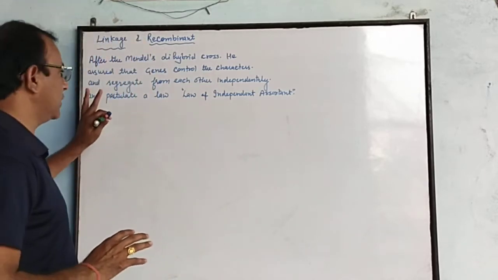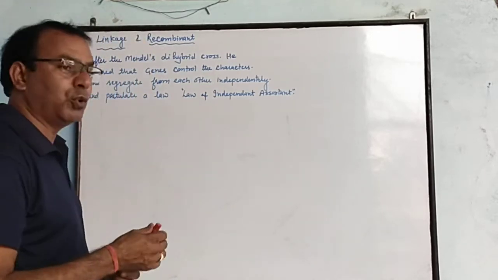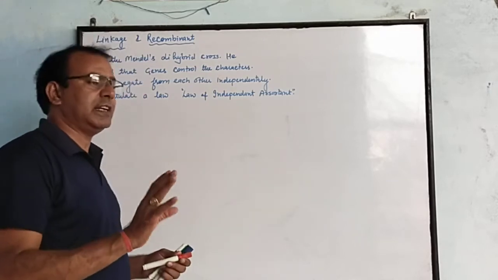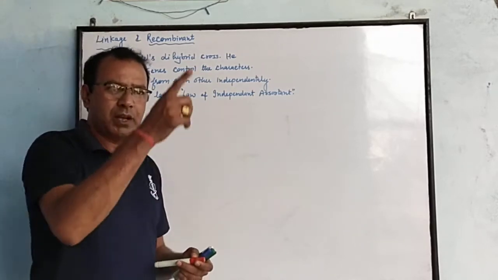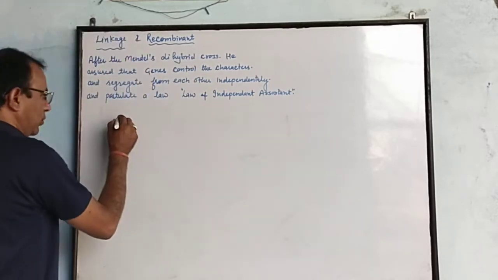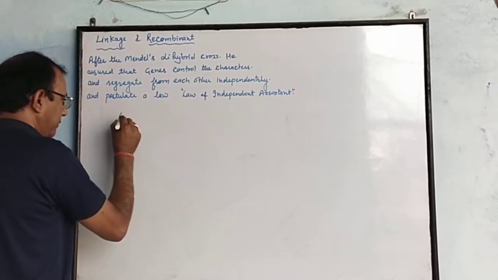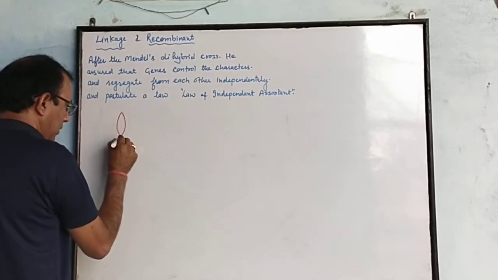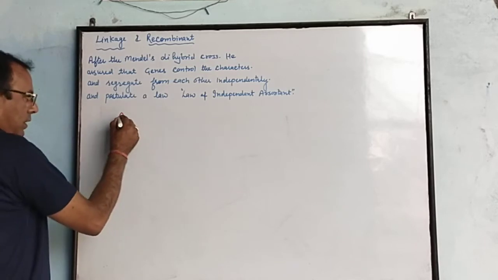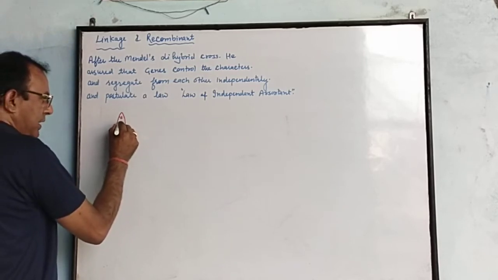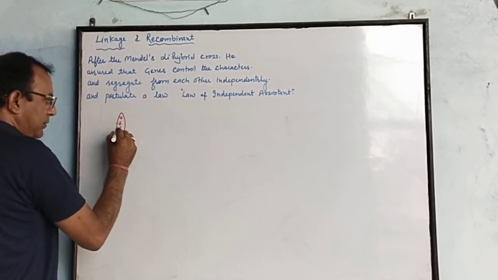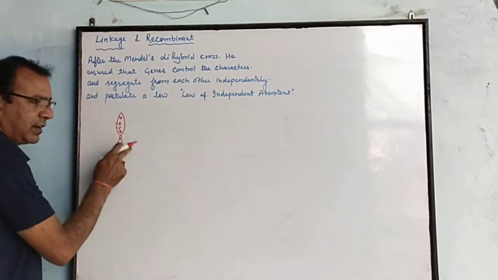Mendel showed this, but there is no surety, because we know that genes are present on the chromosome in a linear manner. Suppose this is the chromosome, with genes A, B, C and D present here, not other genes.